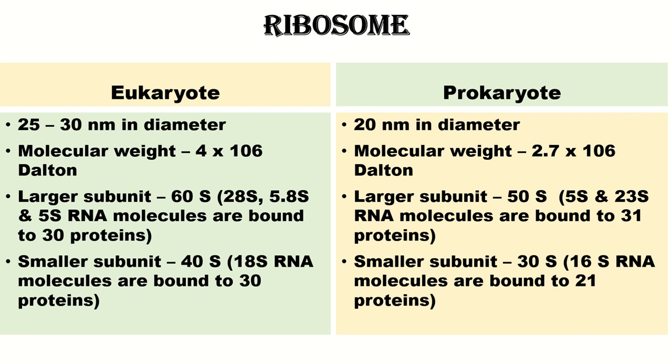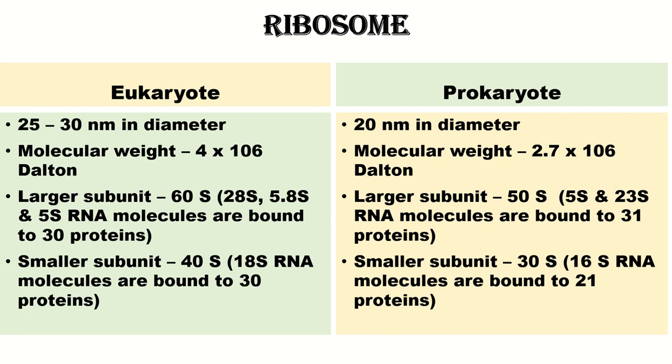The molecular weight is approximately 4 into 10^6 Dalton in eukaryote and 2.7 into 10^6 Dalton in prokaryotes. The larger subunit of eukaryotic ribosome is 60S and the smaller subunit is 40S. In prokaryotic ribosome, the larger subunit is 50S and the smaller subunit is 30S.